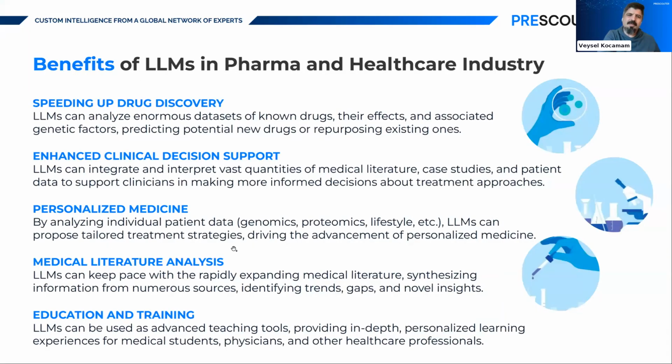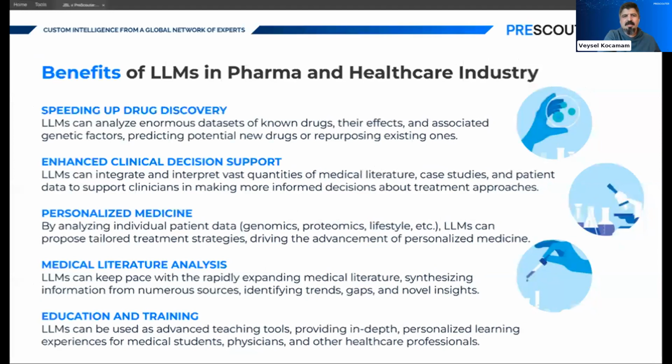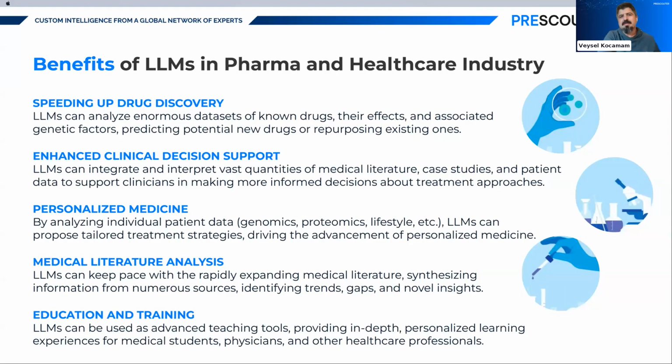So now let's talk about the benefits, challenges, and opportunities of LLMs in the pharma and healthcare industry. The first benefit, of course, is speeding up drug discovery, because right now researchers working on drug discovery need to analyze an enormous amount of data sets and articles, PubMed articles, right?